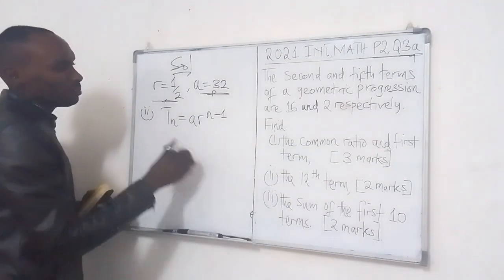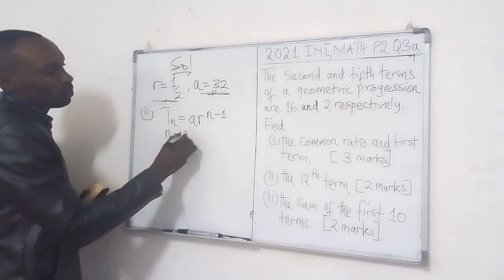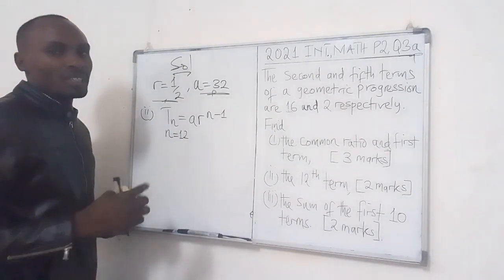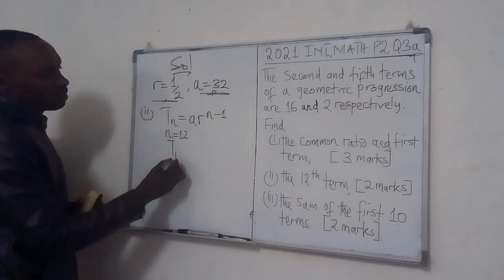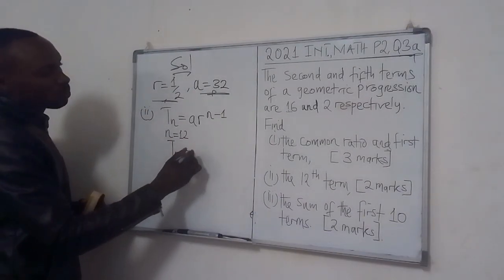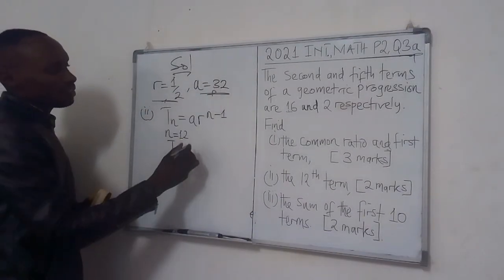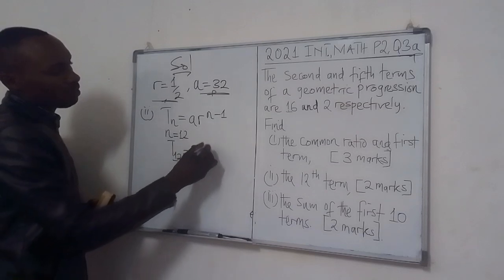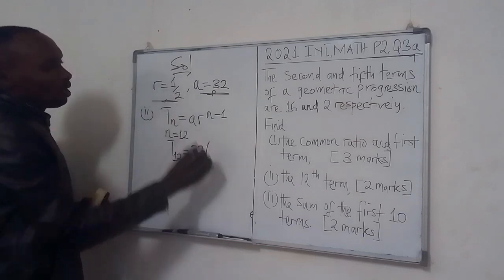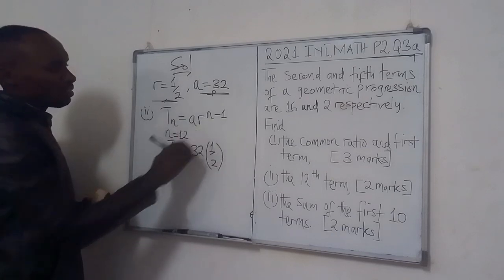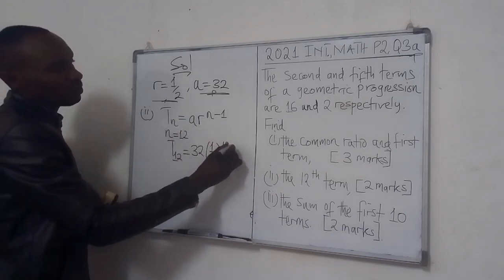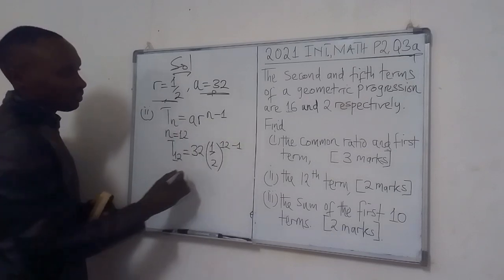Now, 12th term means n is equal to 12, the term on position 12. So t12 equals a, which is 32, open bracket, 1 over 2, which is r, then n, which is 12, so 12 take away 1.